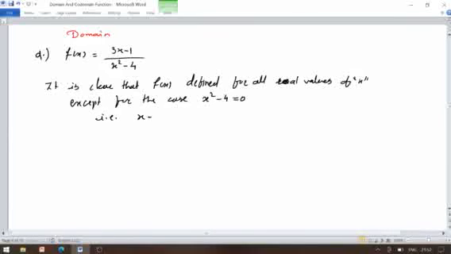Once x square minus 4 equals 0, that means x square equals 4. So that implies the x value, after taking square root on both sides, is either plus 2 or minus 2.